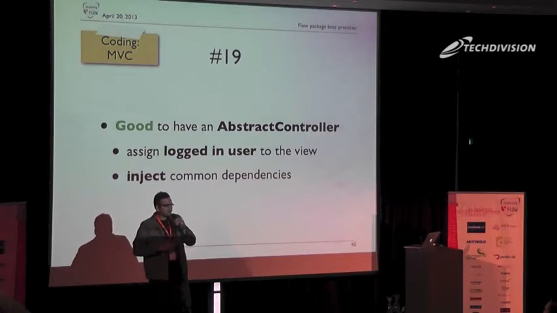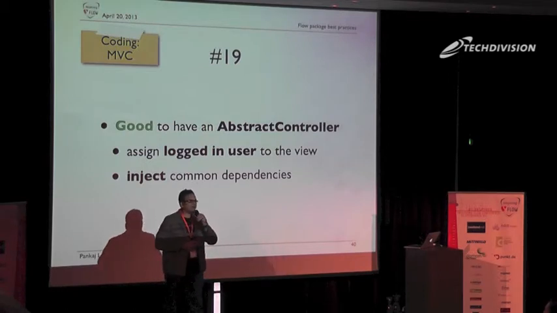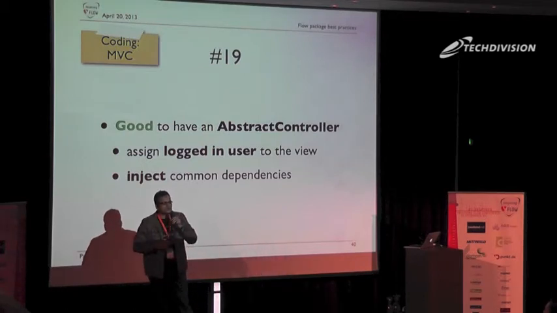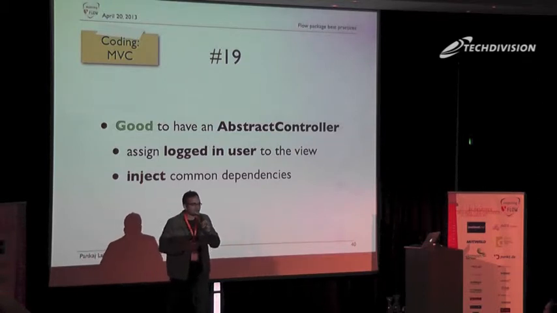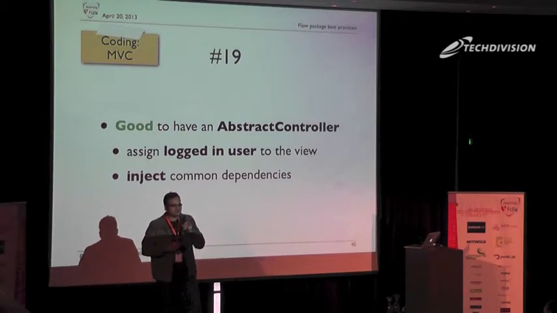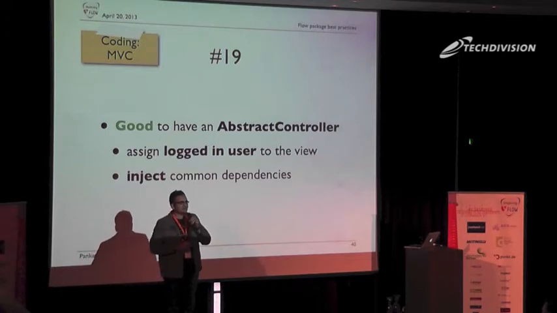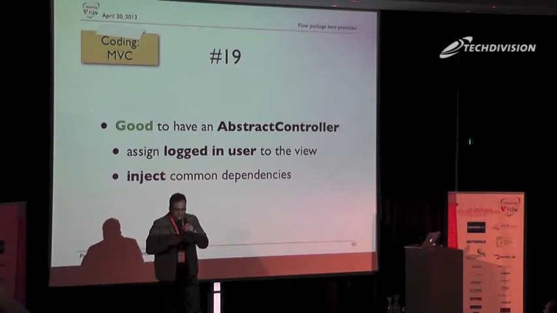If your application is bigger, you may have many controllers in your application. So there are always common things which you can put in an abstract controller. For example, if you want to show which user is logged in, you can simply define an abstract controller, and in the initialize view function you can assign the variables which are available for all the controllers.